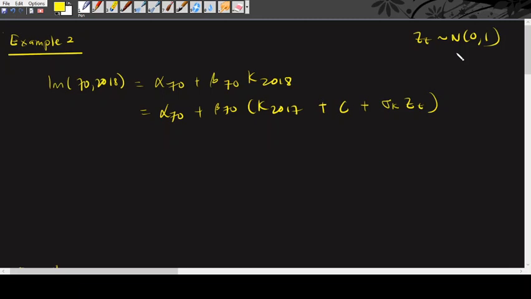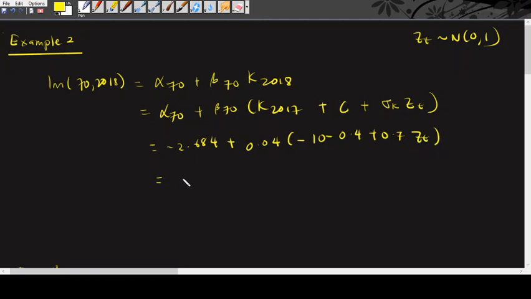Here, you can see that we replace all of the numbers that we know for alpha, beta, k, c and sigma, and we are going to get negative 2.684 plus 0.04 times (negative 10 minus 0.4 plus 0.7 Zt).